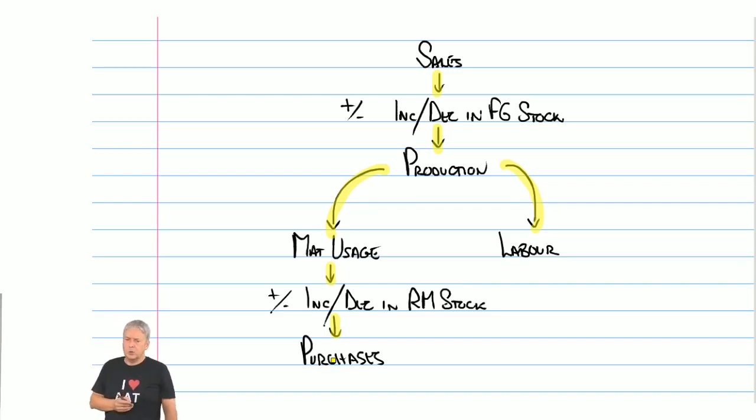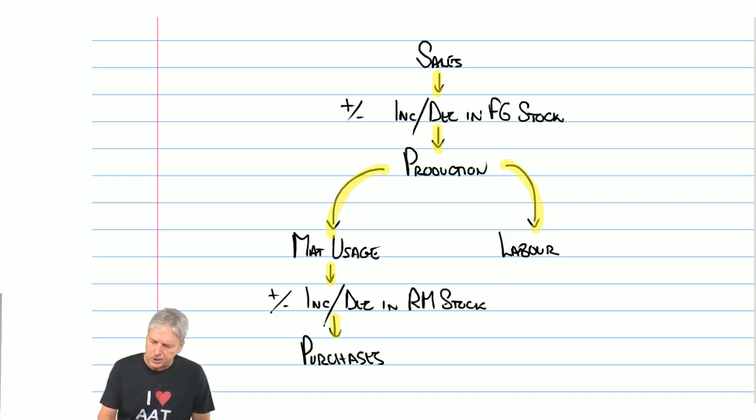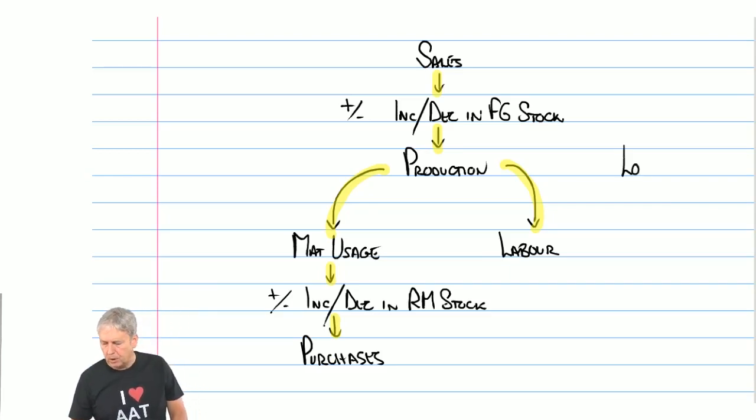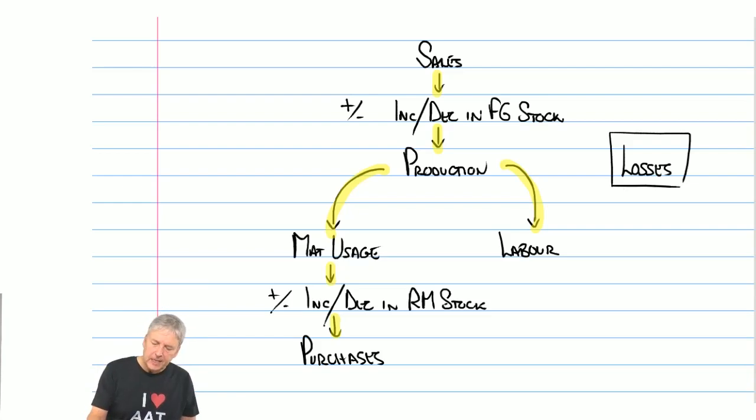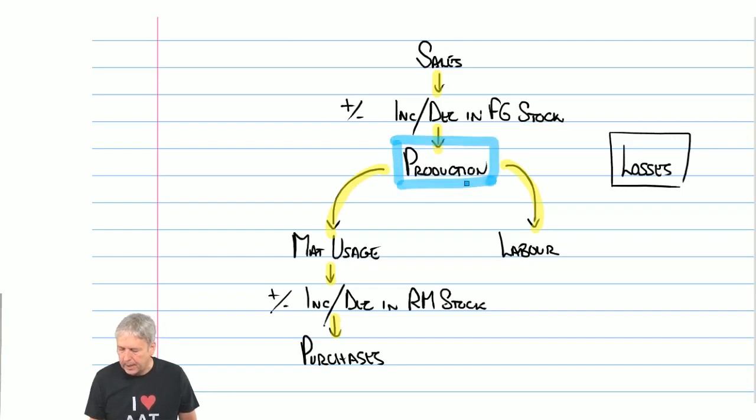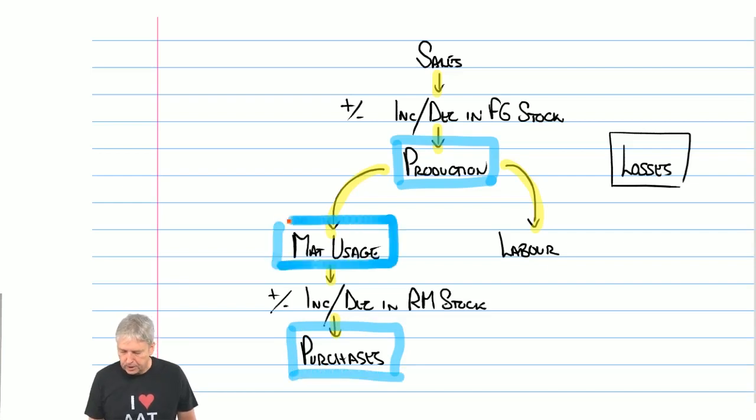The other thing, of course, you may get would be a situation where you've got losses. So we could have losses anywhere, but typically what we would see is that we get losses, for example, in a production environment somewhere here, or possibly in purchases here, or possibly in material usage here.